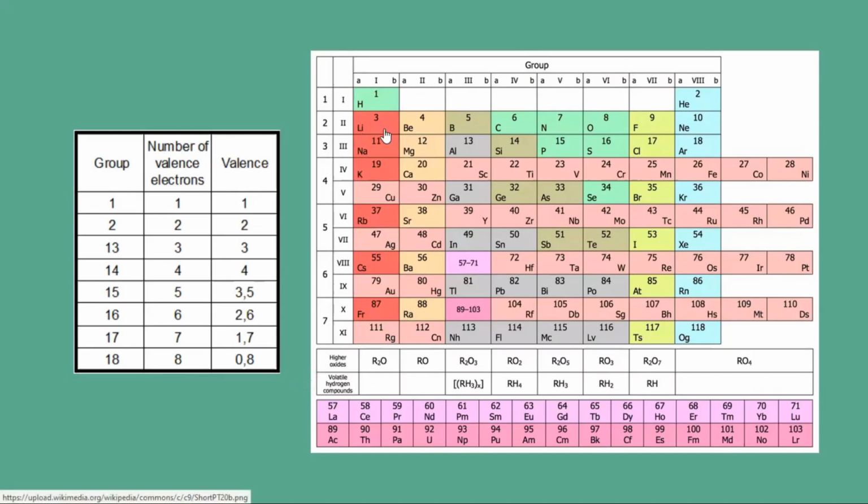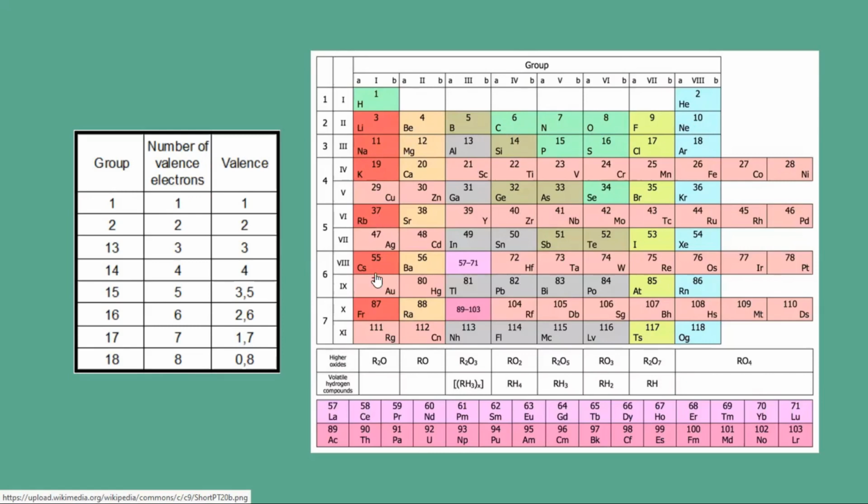Now, if you see across the period, so this is actually a little different version of the periodic table, but it actually shows us the various oxidation states and the hydrides and the oxides of that particular group. Now, if you notice across the period, the valency increases from 1 to 4 and then decreases to 0. So it becomes 1, 2, 3, and 4, and then goes back to 3, 2, 1, and 0.